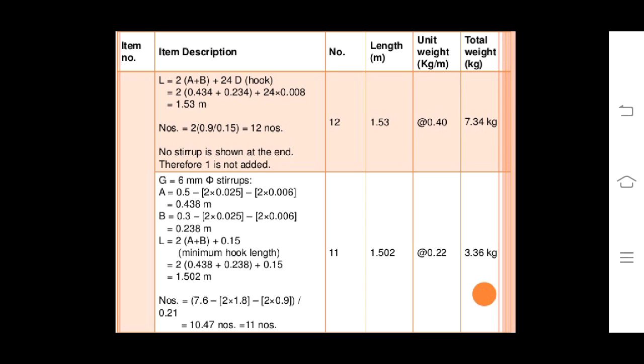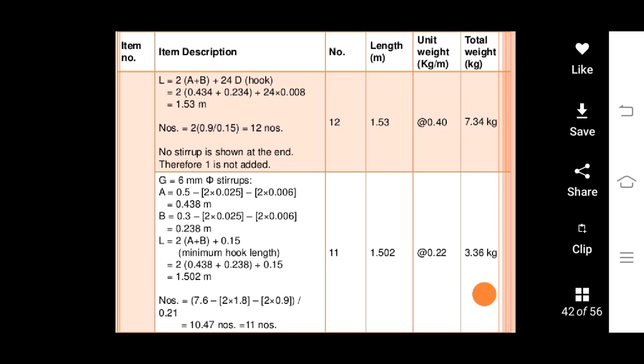The length of the stirrup is 1.53. The unit weight per meter is 0.40, and the multiplication of all these quantities gives the total weight of 8 Ø bar as 7.34 kg.